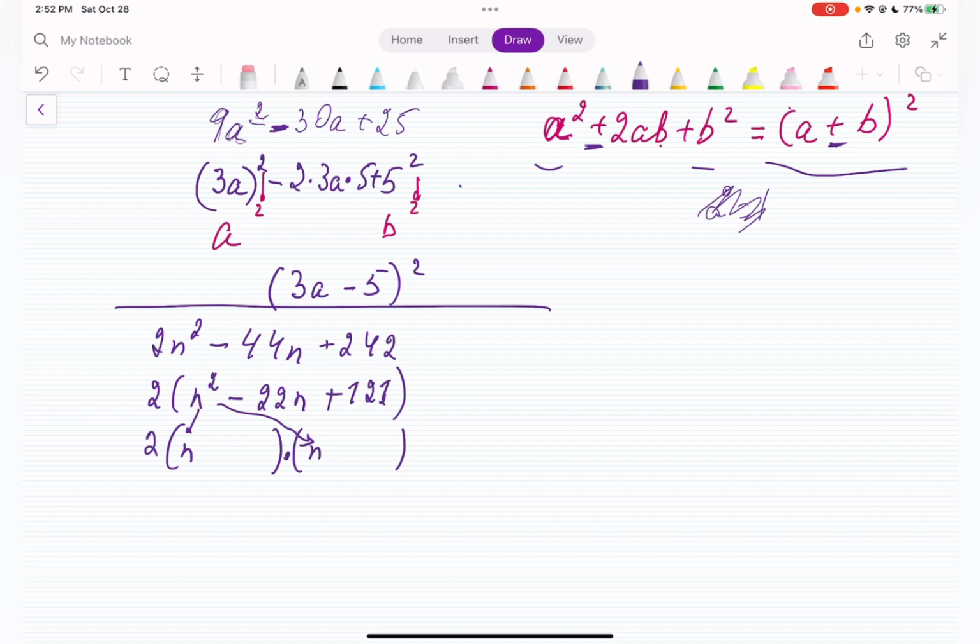Which one is it? I am looking at this sign. If this sign is negative, both numbers are negative, because negative plus negative gives a negative result. If it were plus, both numbers would be positive. Let's see, which number will give me 121? 11 times 11, right? 11 squared. Look, I am writing minus 11.